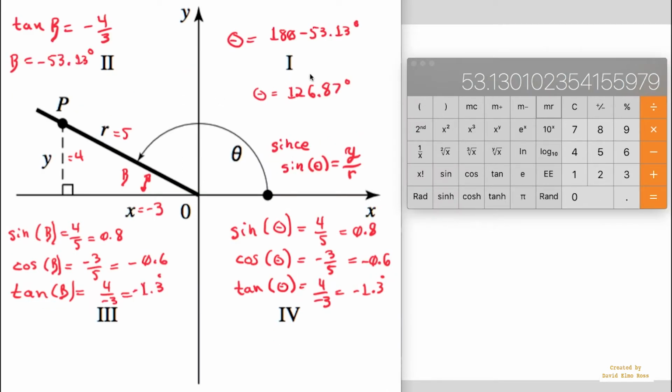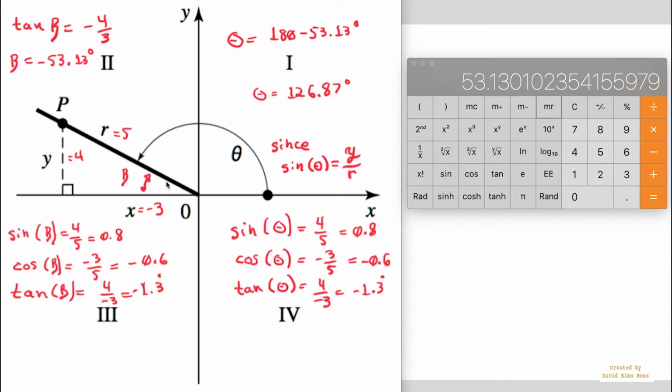Now in quadrant 1 here, we had a 3, 4, 5 triangle where sine, cos, and tan were all positive. Now let's do a 3, 4 triangle, but in quadrant 2 here, where x is minus 3, y is plus 4, and the hypotenuse is 5. If we do that, then our degree 53.1 degrees is what we have in here.